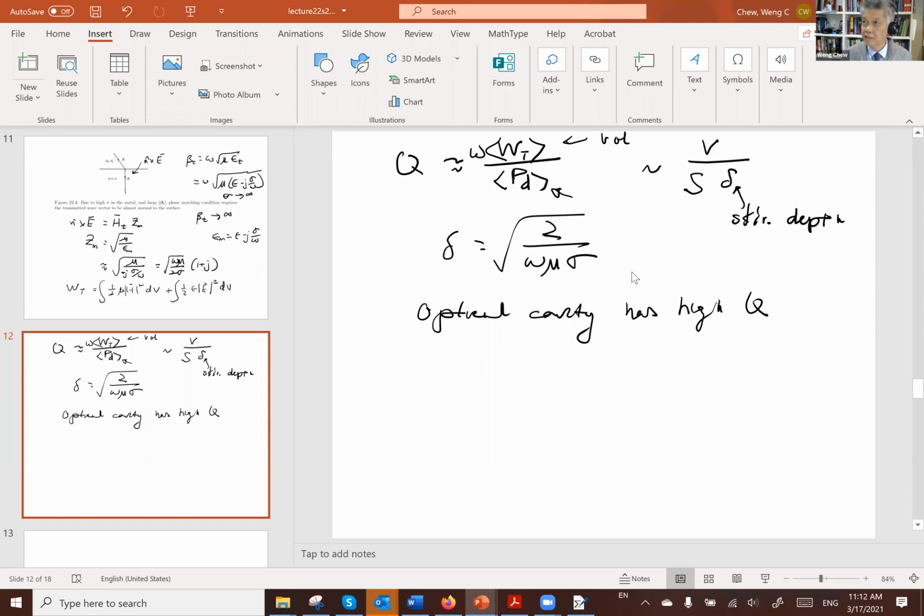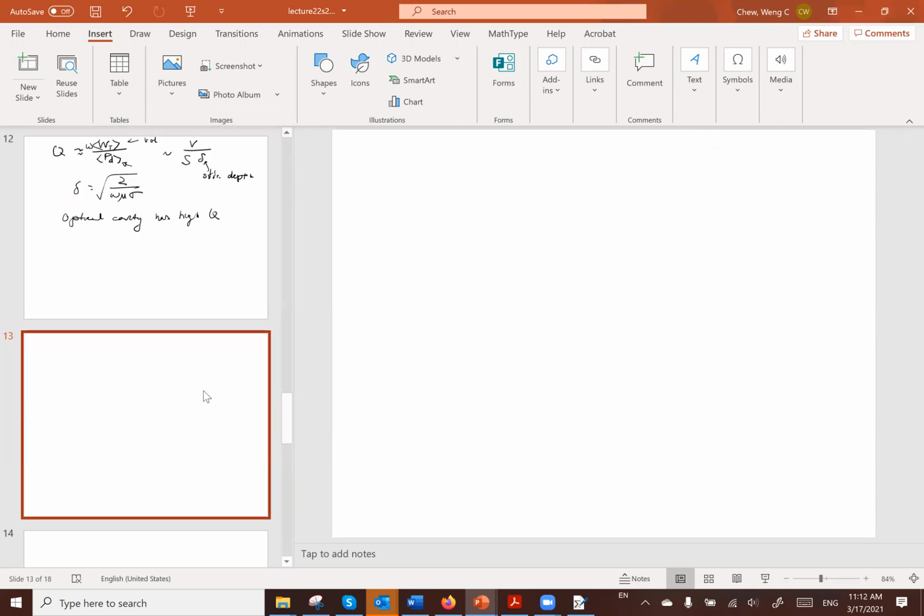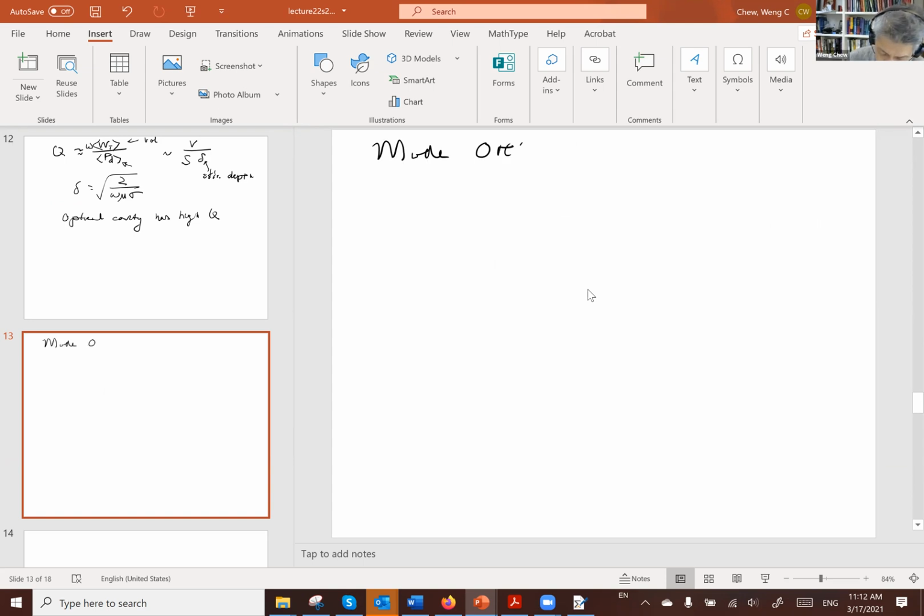The next thing I'd like to talk about is actually mode orthogonality, and how that is related to the matrix eigenvalue problem.